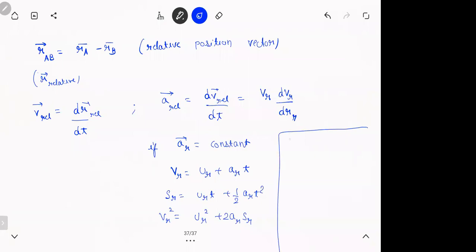If you look at the steps, step 1, choose an observer. Choose anyone you want. Step 2, subtract velocity and acceleration vector from everyone.